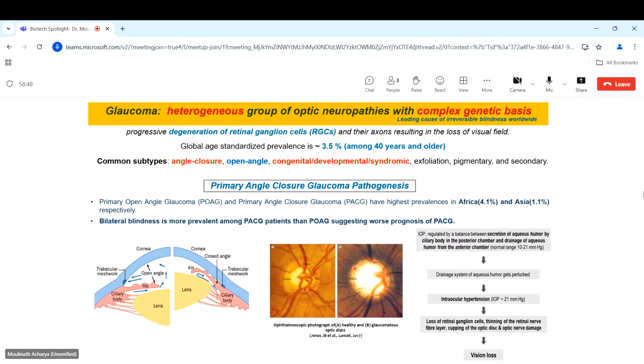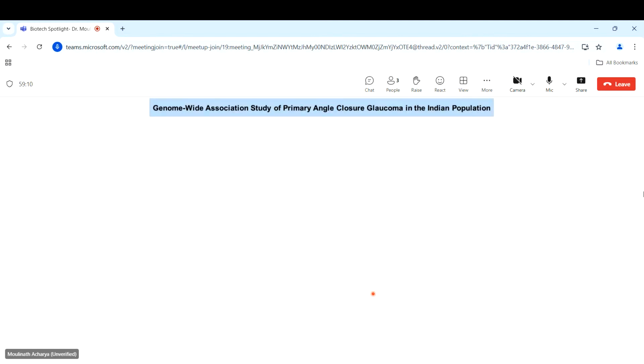That happens in glaucoma, and if we consider the ratio of cup and disc, this is called the CDR or cup to disc ratio. As the cup to disc ratio tends to 1, you have seen that glaucomatous damage has happened, and as a result, there's a vision loss.